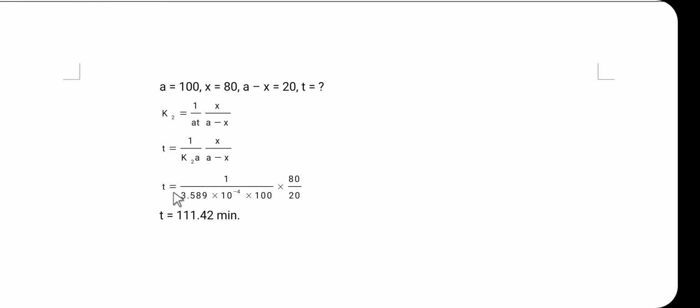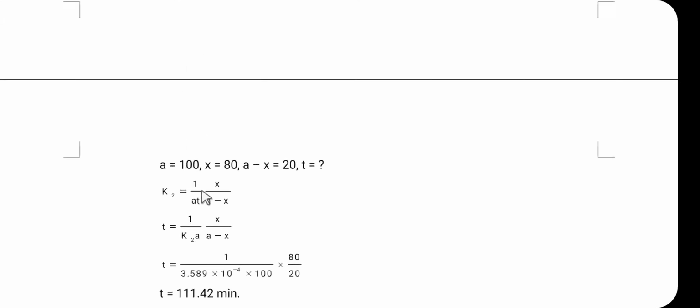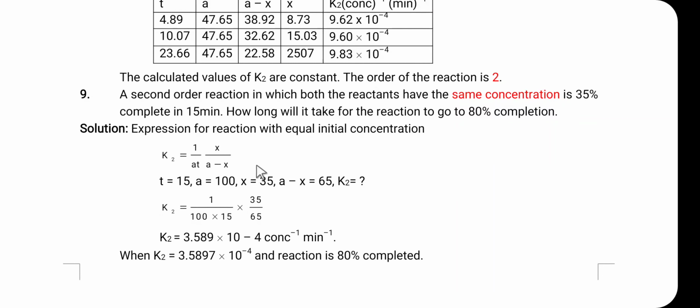Substituting all these values, t is equal to 1 upon 3.589 into 10 raised to minus 4 into 100 multiplied by 80 divided by 20, and finally t is equal to 111.42 minutes. That means 111.42 minutes will be required for the completion of 80% of this reaction.